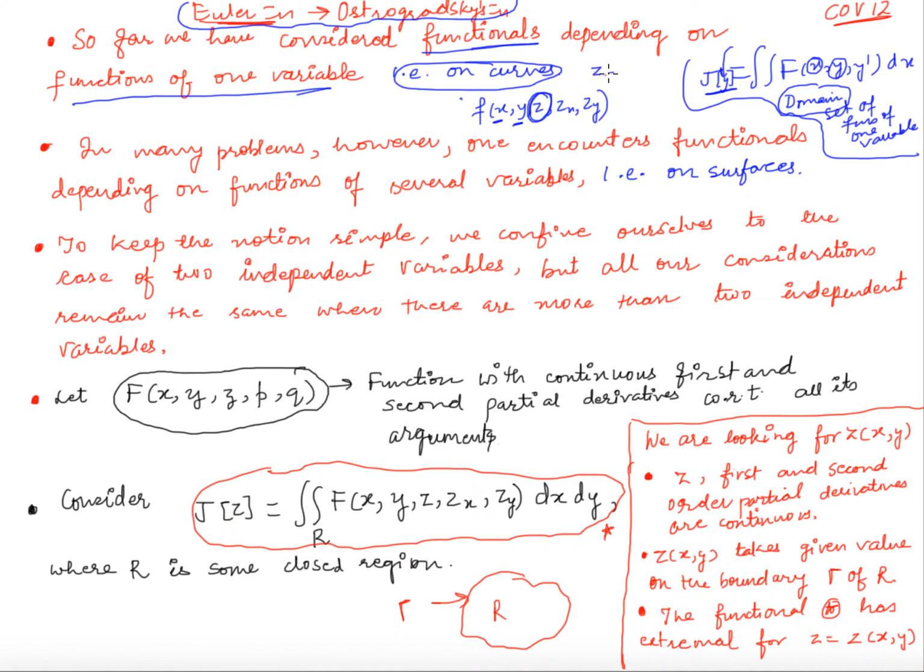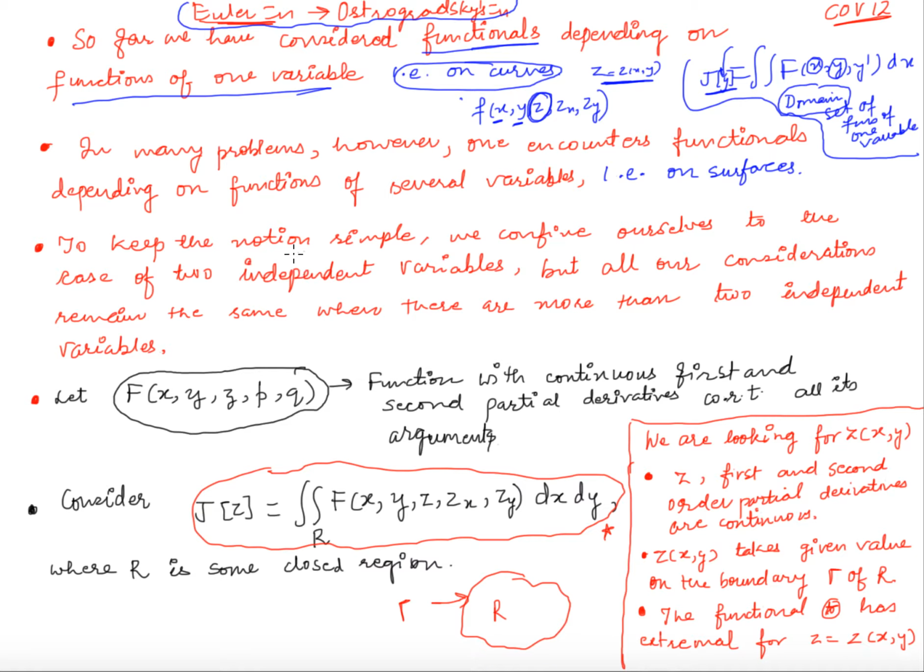So z is actually a function of x and y. Now we are looking at the case when the input function which we give to our functional is a function of two variables, or more than one variable.